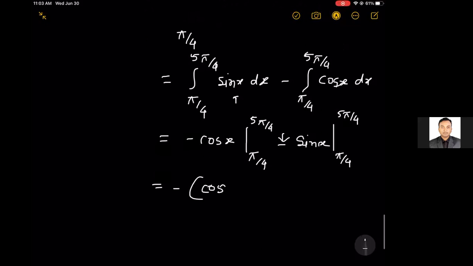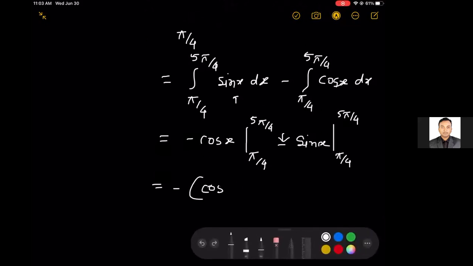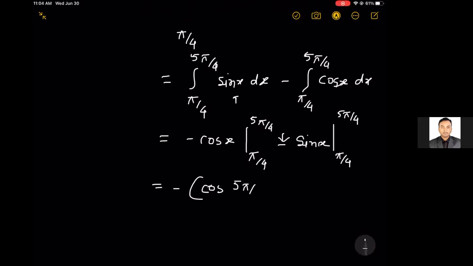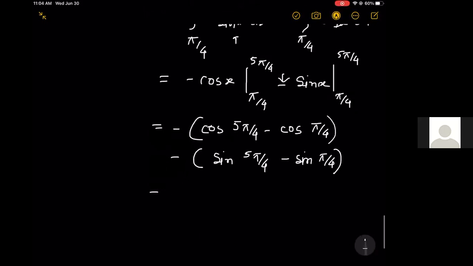Cosine 5 pi over 4. Can anyone from the first group tell me what's the value of cosine 5 pi over 4? Minus cosine pi over 4. From the first group, anyone? And sine 5 pi over 4 minus sine pi over 4. Okay.